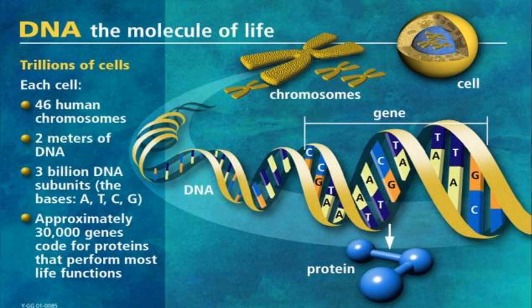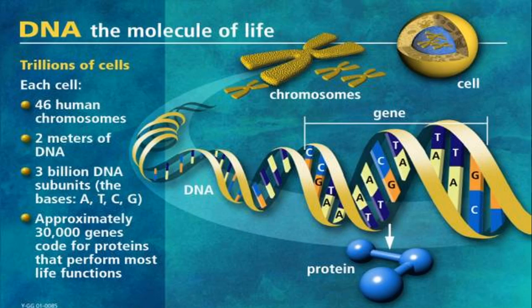Furthermore, these base pairs work in units which we call genes, that help in coding for proteins through transcription and translation, as already discussed earlier. It was estimated that approximately 30,000 genes are located within the DNA of human beings.